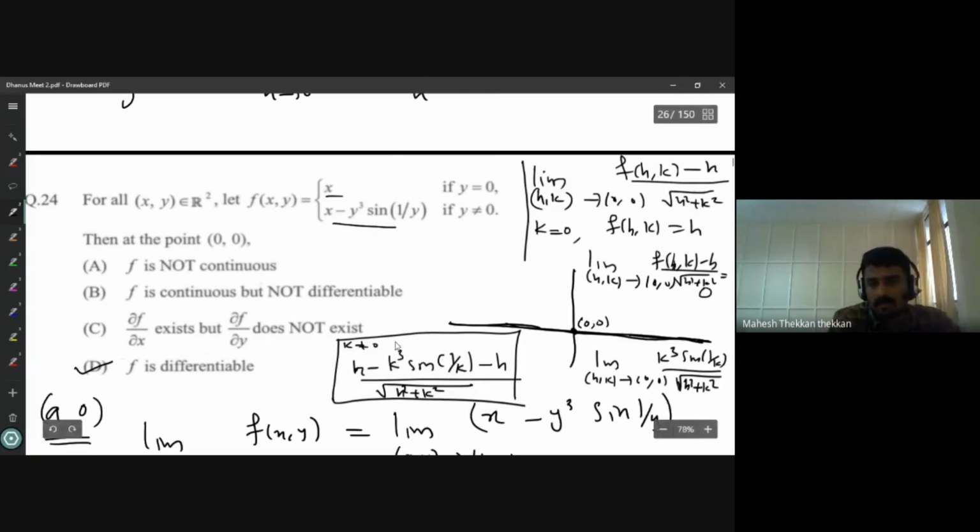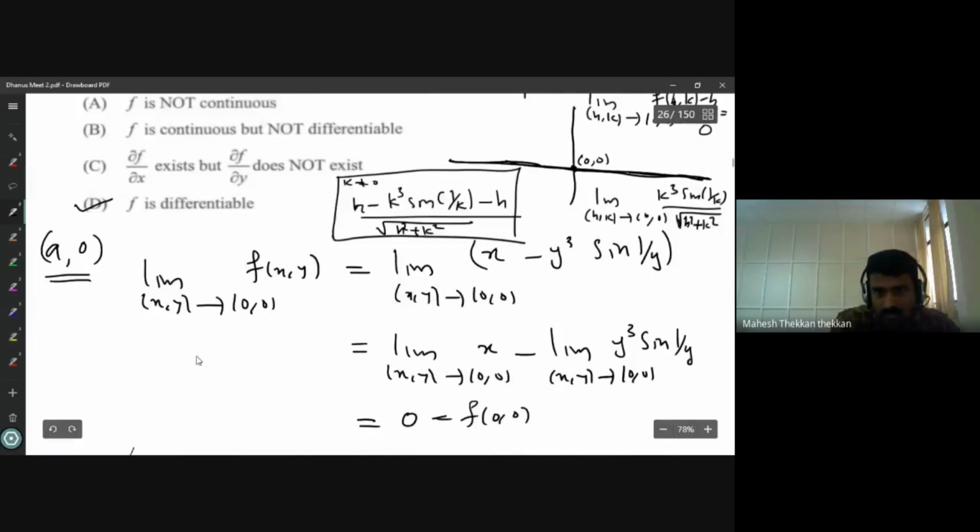Here you can write k cube as k square into k, right? So k square by square root of h square plus k square will be less than or equal to 1. Is that okay?